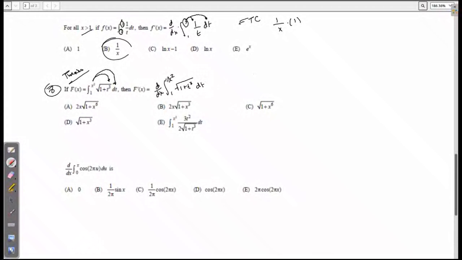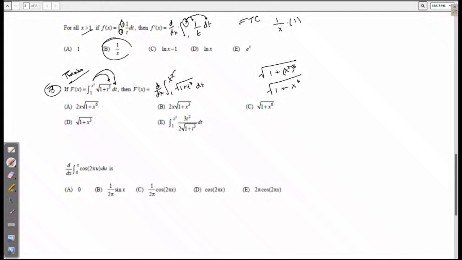So when I substitute x squared into this, I end up with the radical 1 plus x squared cubed, which is really 1 plus x to the 6th.